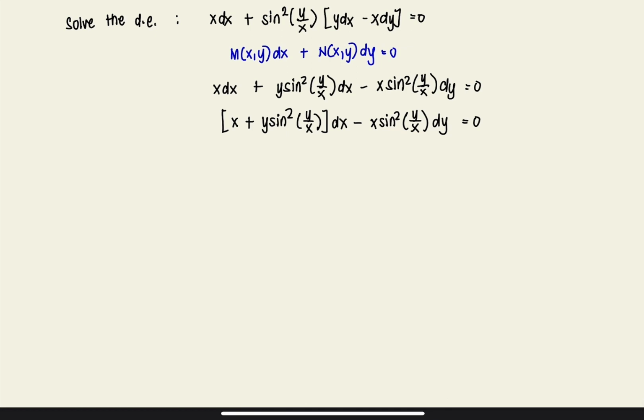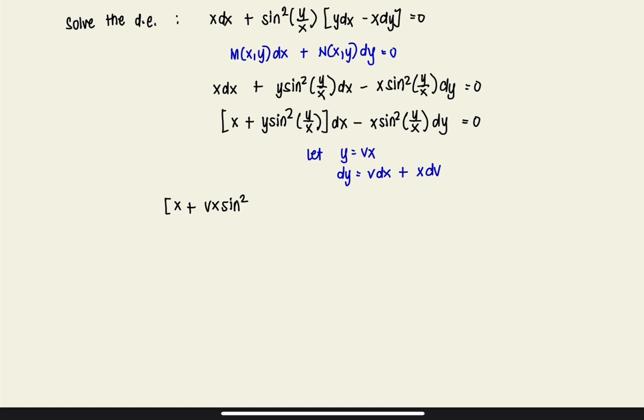And N here is simpler compared to M, so we are going to let y equals vx, so that dy equals v dx plus x dv. So we're going to replace all y's and dy's here in the given differential equation, expressing them in terms of v and x. So substituting, that's x plus, we have y here, replace that with vx, and then sine squared.